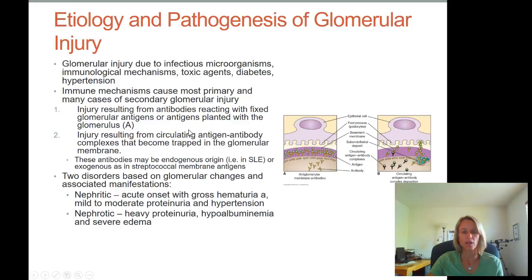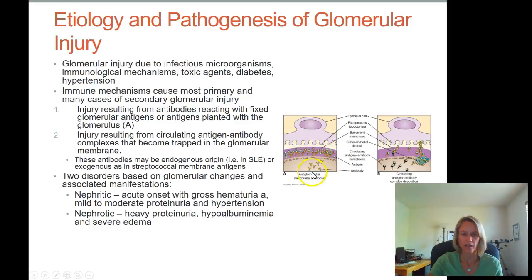injury resulting from antibodies reacting with fixed glomerular antigens, or antigens that were planted within the glomerulus, say from drugs that bound to spots in the glomerulus that then created this immune response.